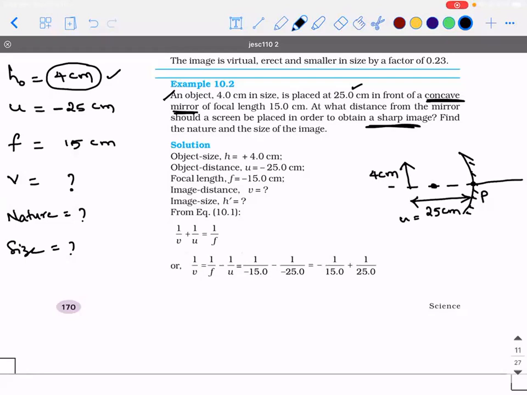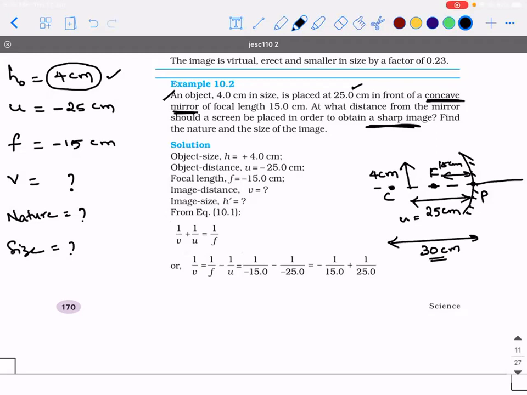Similarly, the focal point, focus is at a distance of 15 centimeter. So focus in the case of a concave mirror is also negative. So if focus is at a distance of 15 centimeter, center of curvature will be at a distance of 30 centimeter. Correct?